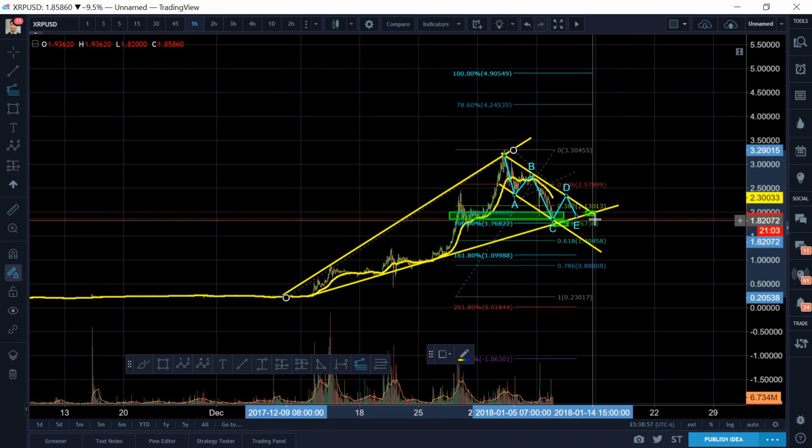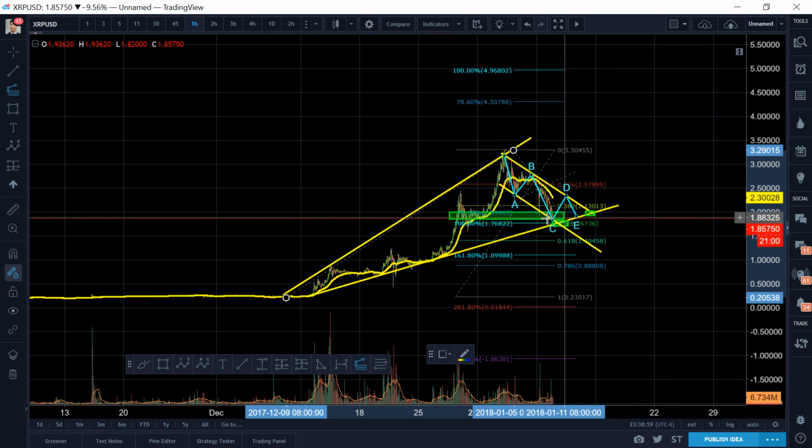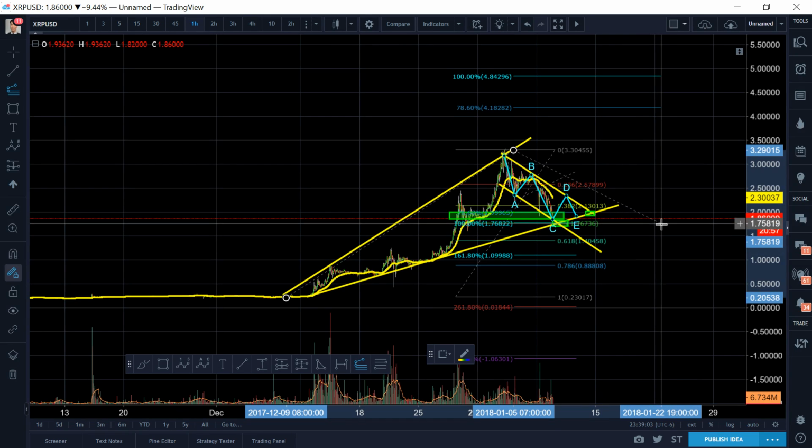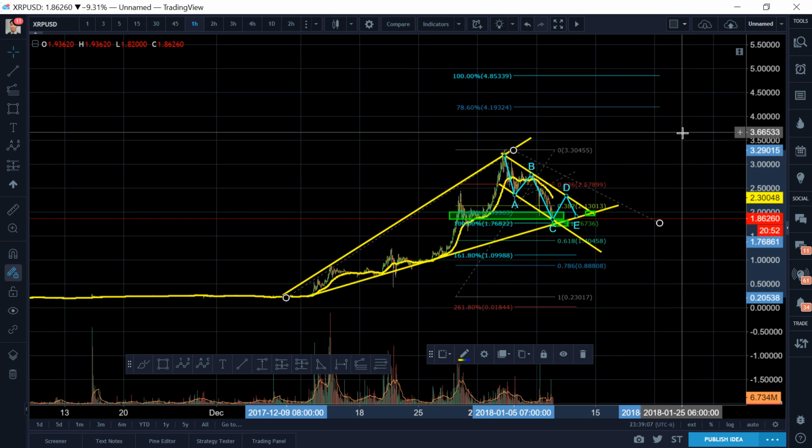But if it wedges into that region right there, and the conservative one, we'll say the lowest point it could go here is like, say, 170, I'm guessing. We could be looking at over $4.85.